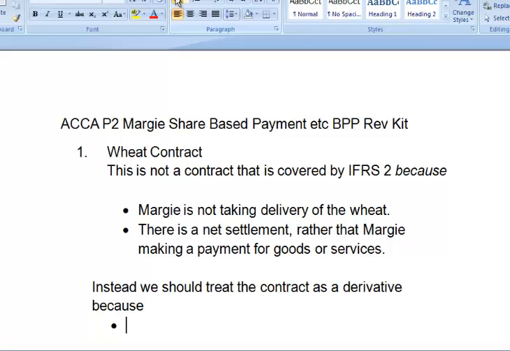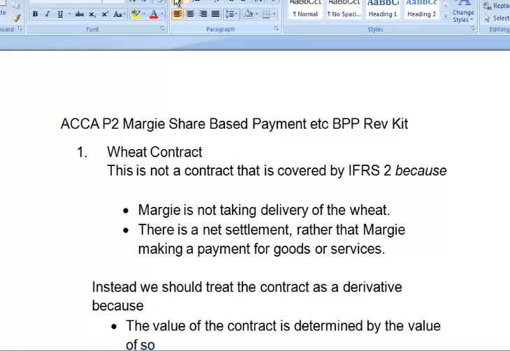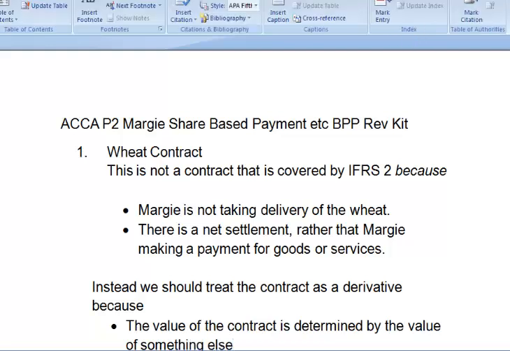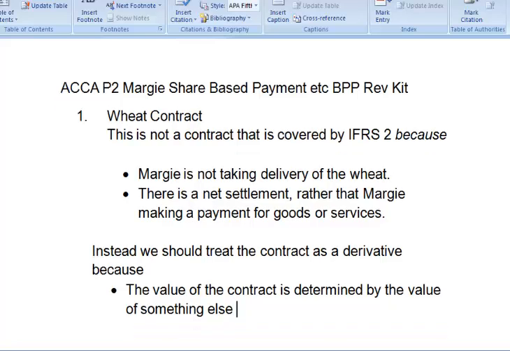Why is it a derivative? Because the value of the contract is determined by the value of something else. What is that something else? It's the value of Margie's shares.